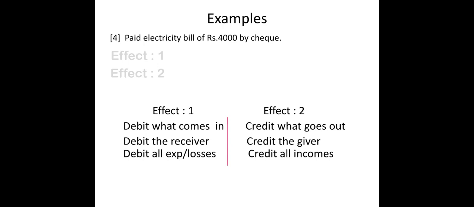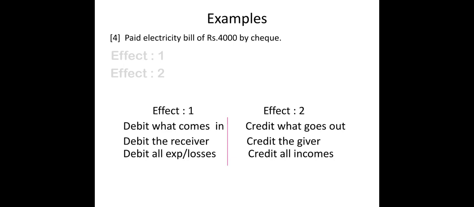Paid electricity bill of 4,000 by check. Okay, so we have paid our electricity bill of rupees 4,000 by check. Same transaction, just like we did it once. Here, what is the name of expense, student? Yes, electricity.